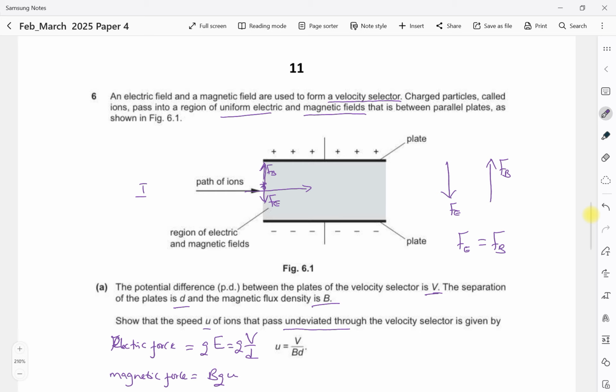If you try this on your table, with the first finger pointing to the right-hand side and the thumb pointing towards the top of the page, the first finger must be pointing onto the page. That means the magnetic field must be into the page in this case.